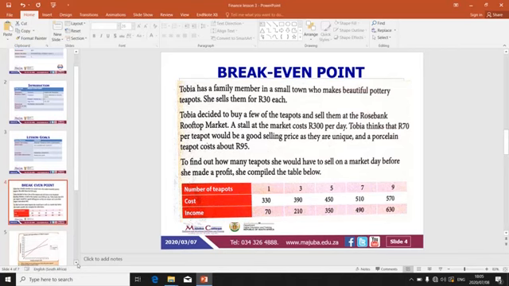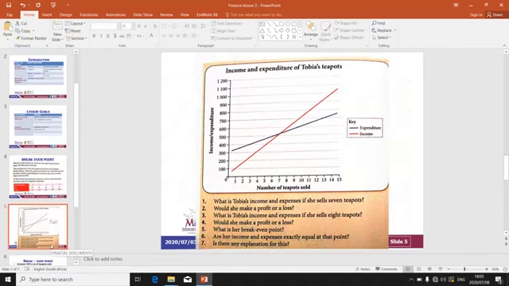Then let's go to the representation by graph. They like these graphs during the exam. Please try to understand what you are given. Underline the given numbers, all the monies that you are given. Here we have the independent variable, which is the x-axis, the number of teapots sold.